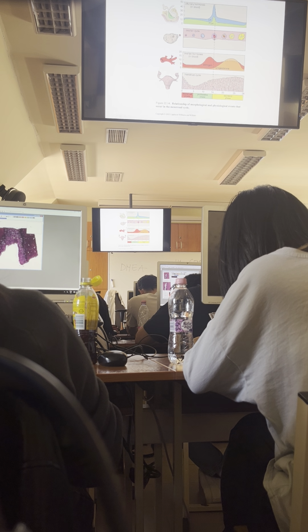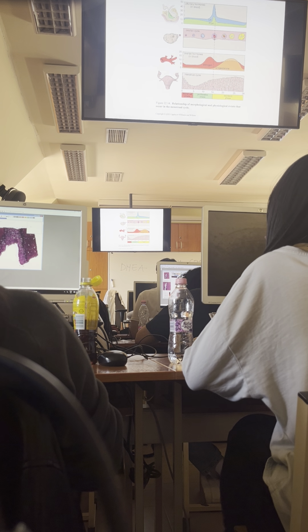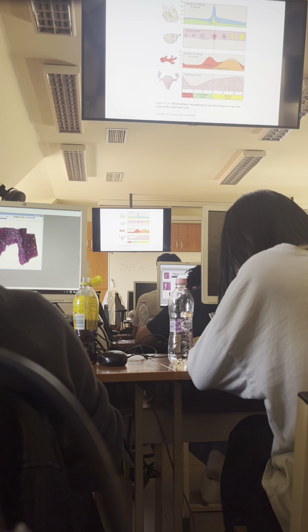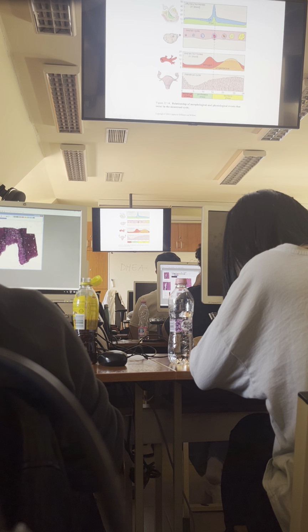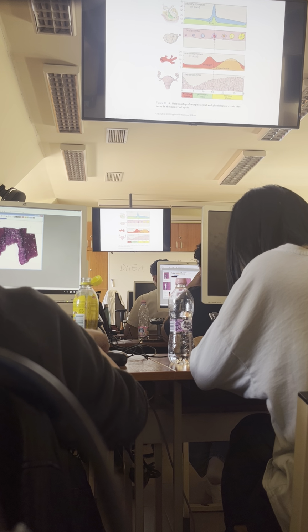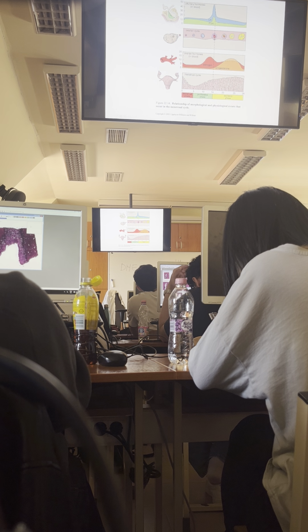But what you can see on the drawing is that there are changes in the thickness of this endometrium during the cycle. So here, 0 is when the menstruation starts, when part of the endometrial layer is lost. So the thickness is reaching a minimum by the end of the menstrual phase. And then the proliferative phase starts.